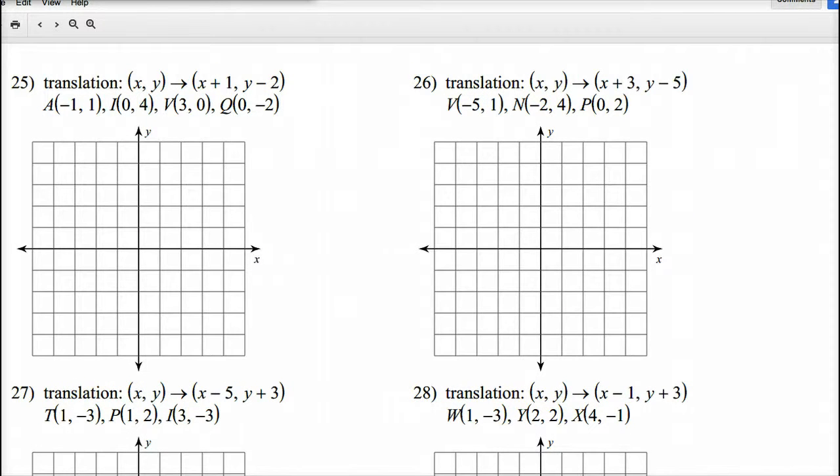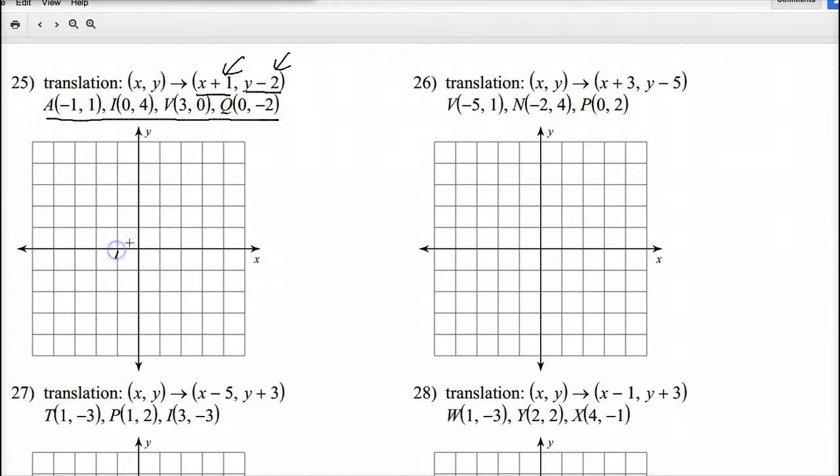How about number 25? So if I'm going to be taking a look at 25, it says x plus 1, y minus 2. And it doesn't give me a picture. It gives me some coordinates. And that's actually kind of nice. I like that because I could just change the coordinates using these things, adding 1 to the x and then subtracting 2 from the y. Well, let's see what we start with. Negative 1, 1.